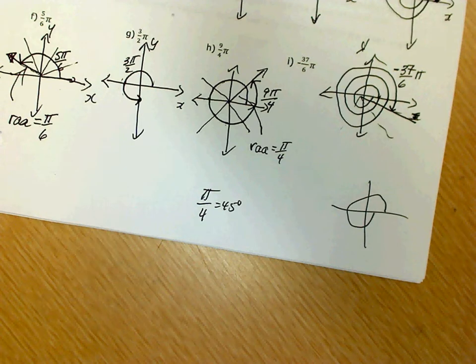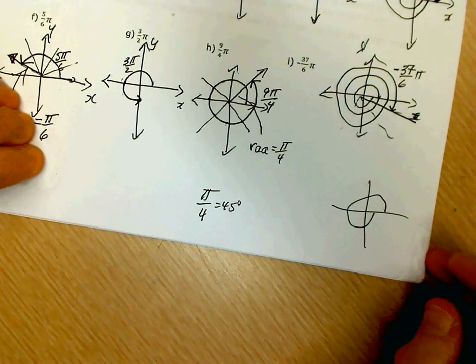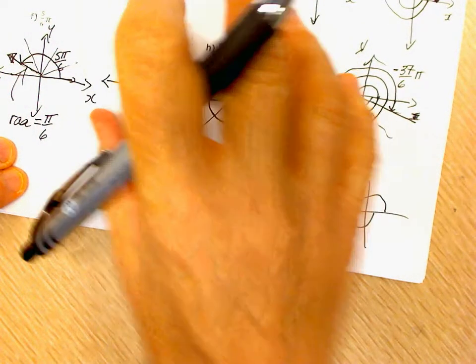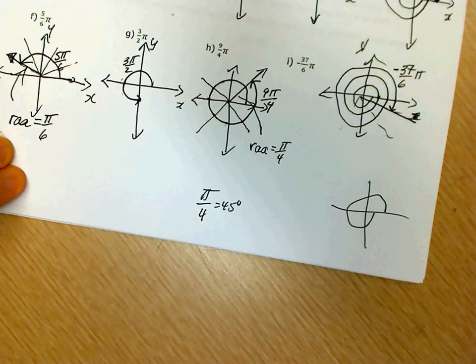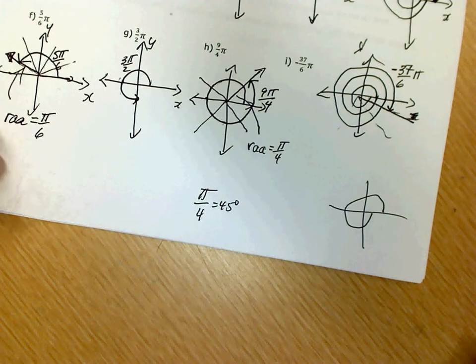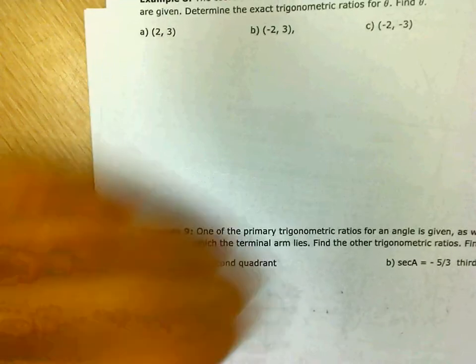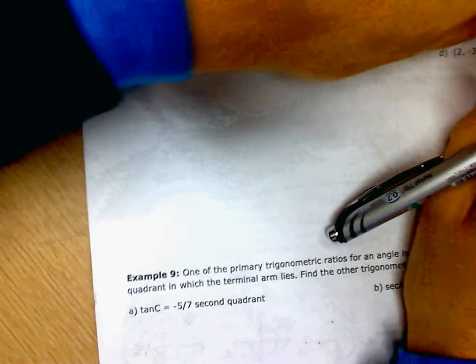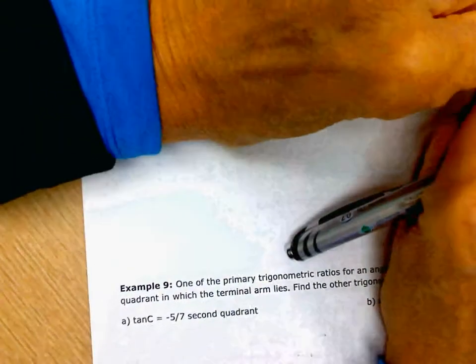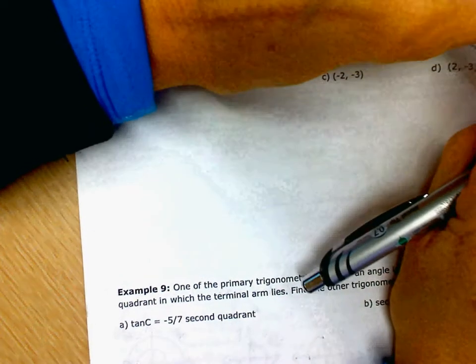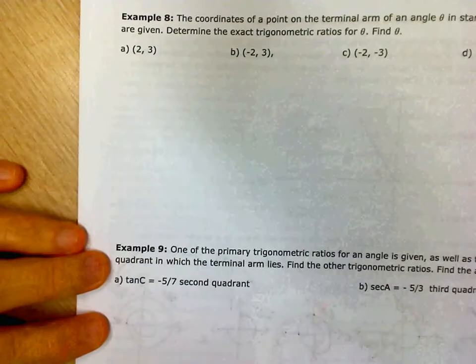Now we're going to do the trig ratios of angles in standard position. Ready? We're going to fit this in the best we can. We're going to note some interesting stuff here.